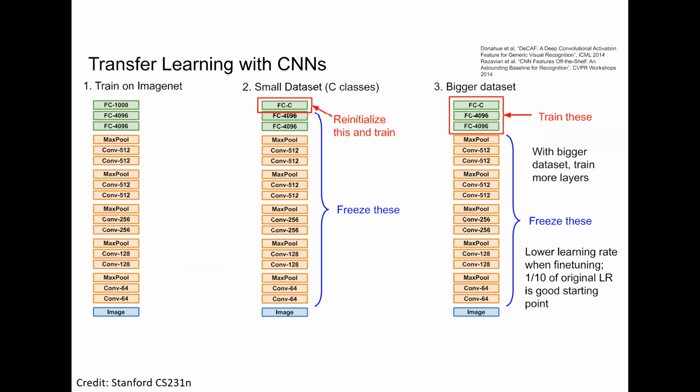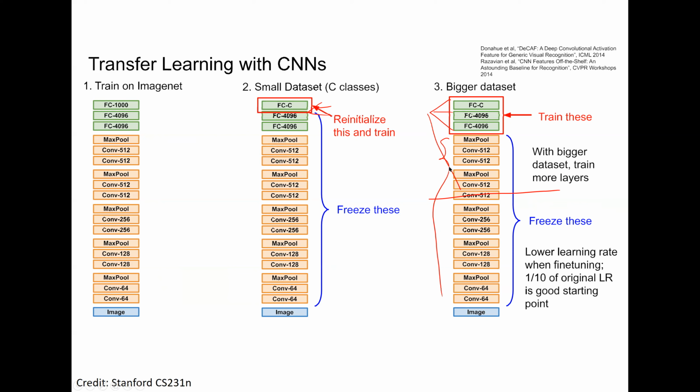And if you have a bigger data set, then you can freeze fewer layers like this. And then you can train these 3 layers rather than just a single layer like this. And if you have an even bigger data set, then you can freeze only up to this point and retrain this part.